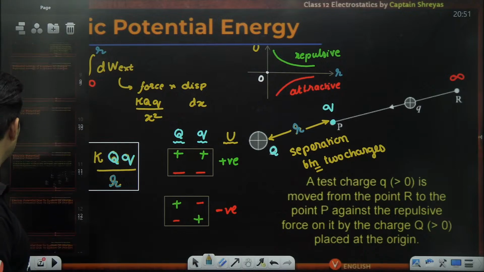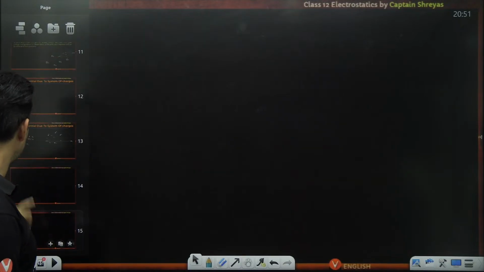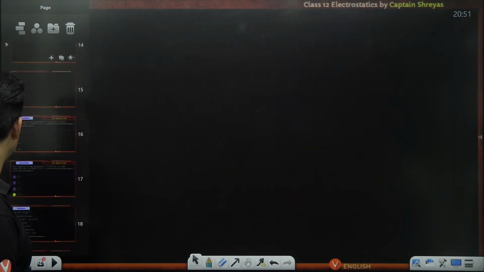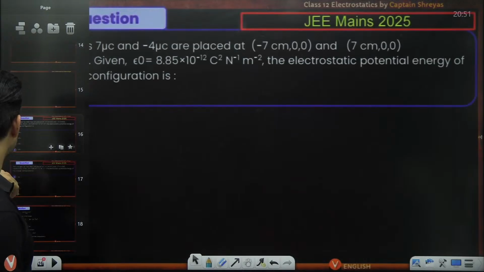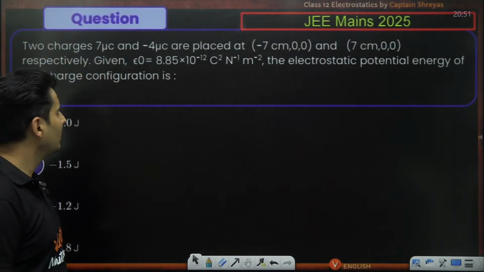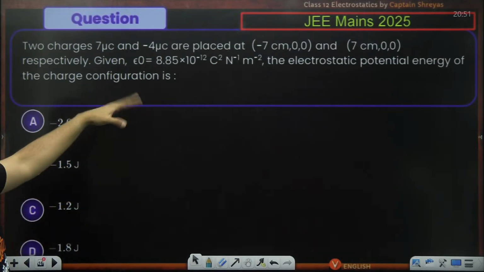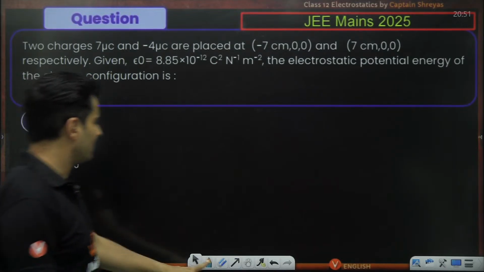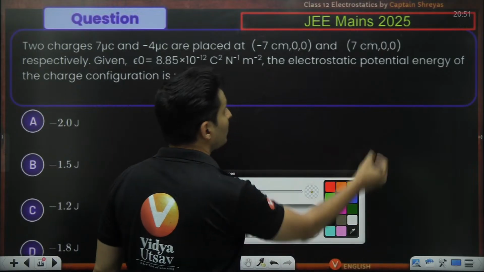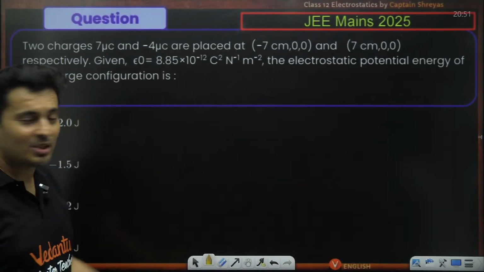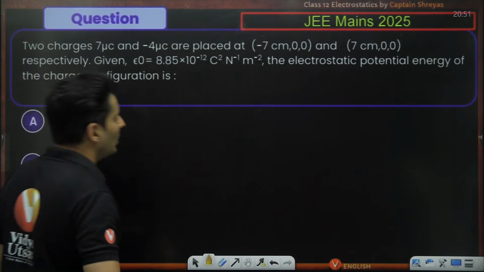Let's use a question on this: two charges are given to me. Find the electric potential energy of that charged configuration. This was a question in JEE Mains 2025. So how do we solve it?